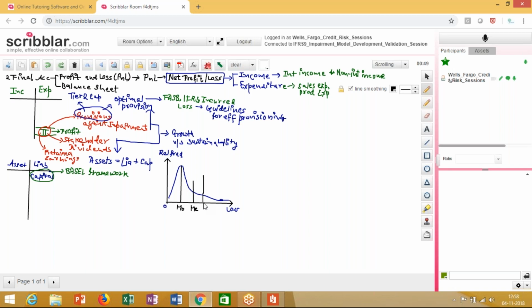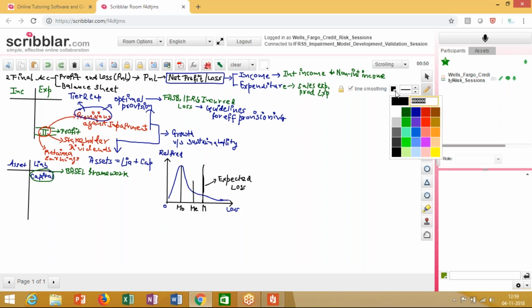This is your mean, or your expected losses. This is your expected credit loss, or as we call it, the expected loss in the Basel chart.